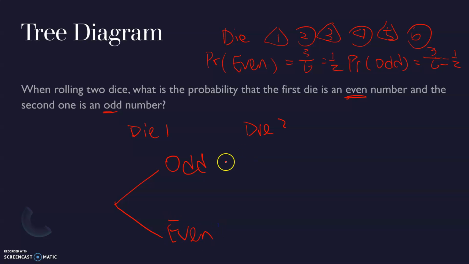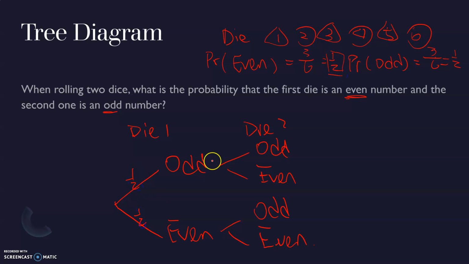The second die is the same, odd and even. Because each line stands for a half, a 50-50 chance, we can put in the halves all there.